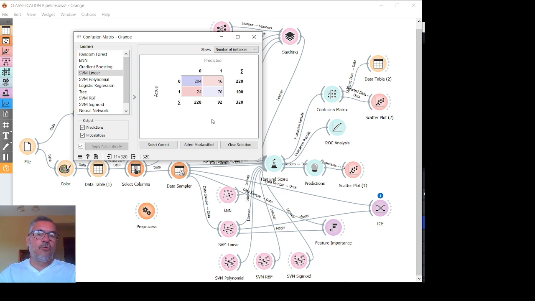And also, you can play here with this. Now, as I said before, these are the actual instances of people. If we go to proportion of predicted, these are the probabilities, the percentage according to what we predicted. If we go here, it is according to the actual values.